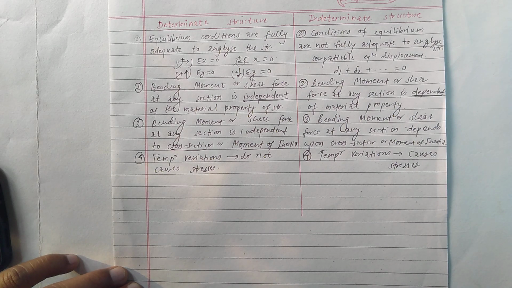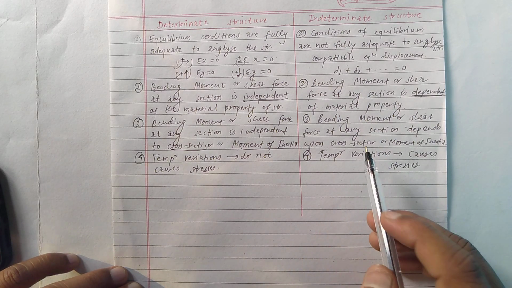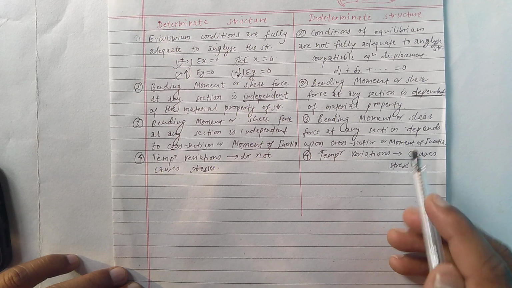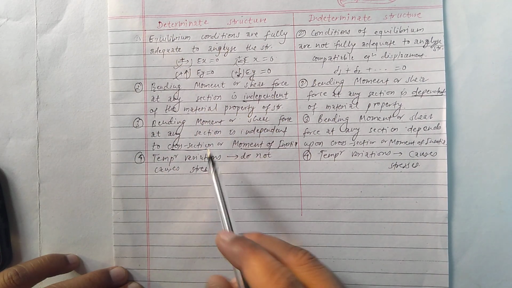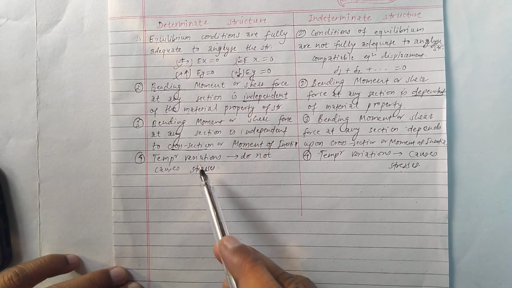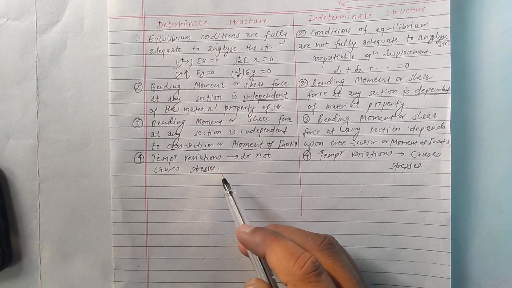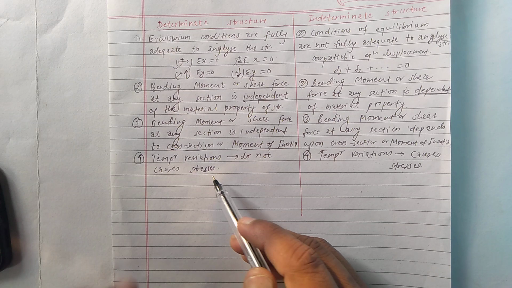So this is also one of the most important things in indeterminate structures. Whenever the temperature changes, it causes stress. But in a determinate structure, temperature variations do not cause any stress development.